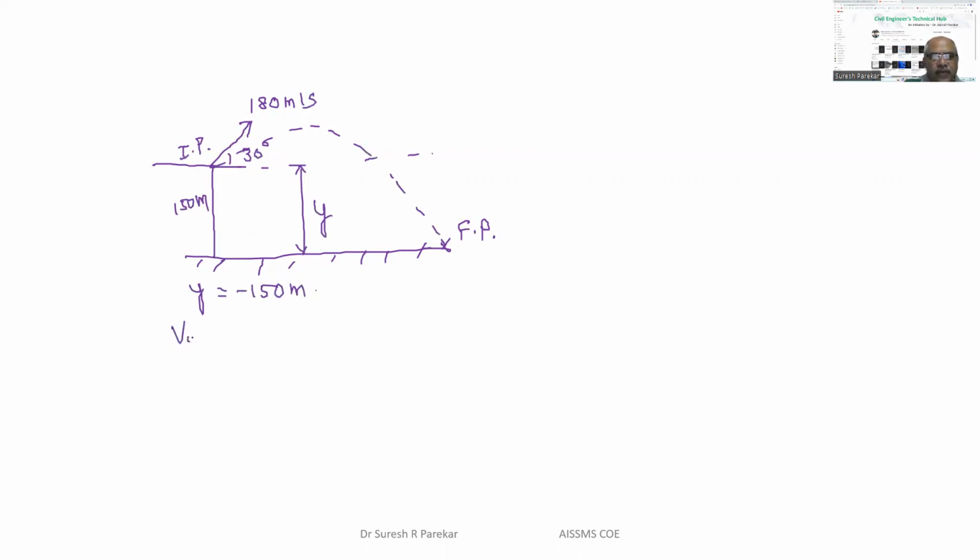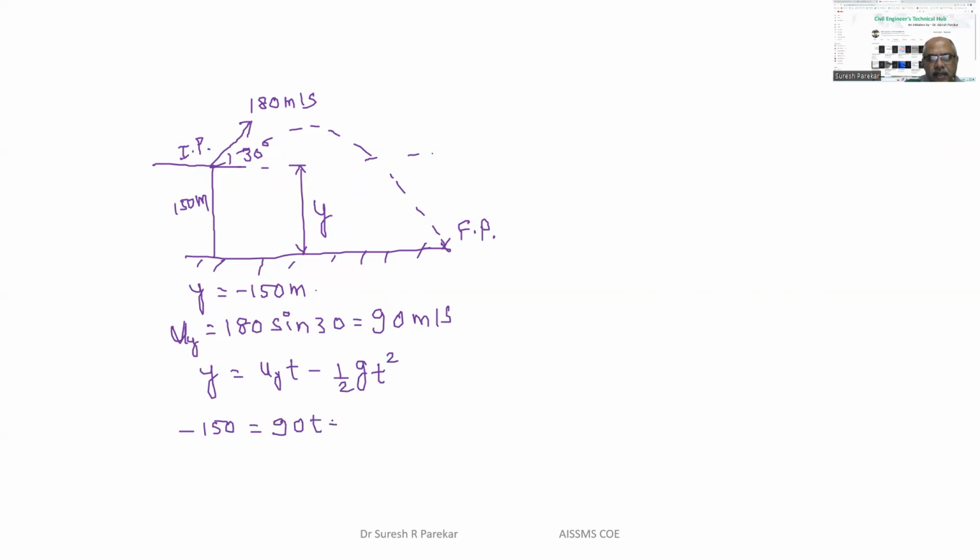Now we know Uy, I will check, Uy is 180 sine 30, which is 90 meter per second. And then we can use y is equal to Uyt minus half gt square. Now, y we have minus 150, then we have this is 90t minus 9.81 by 2 into t square.